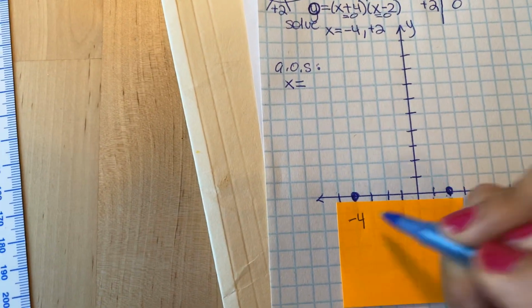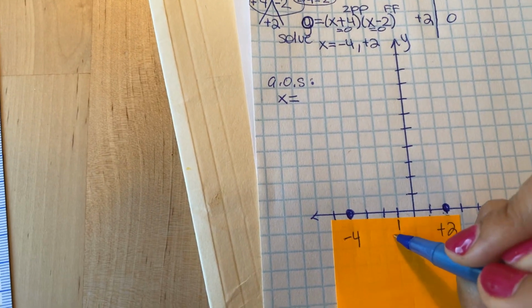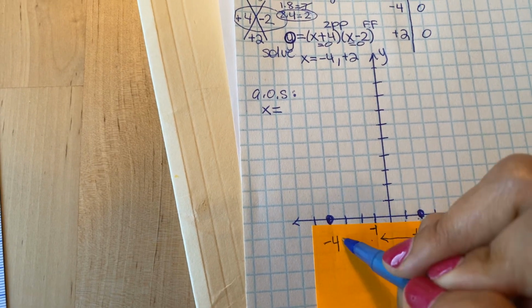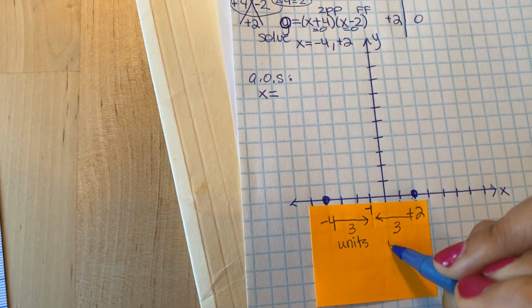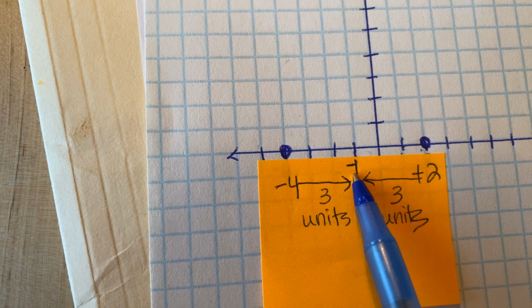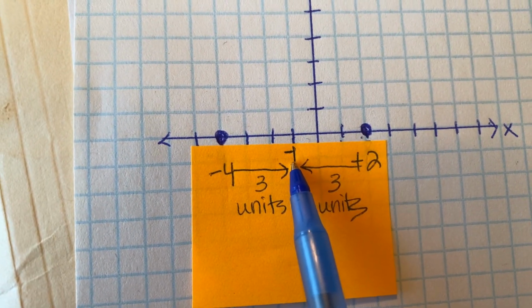If this is negative 4 and this is positive 2 and this is negative 1, 3 units away, 3 units away. And there is your axis of symmetry, and that is the x value to your vertex.